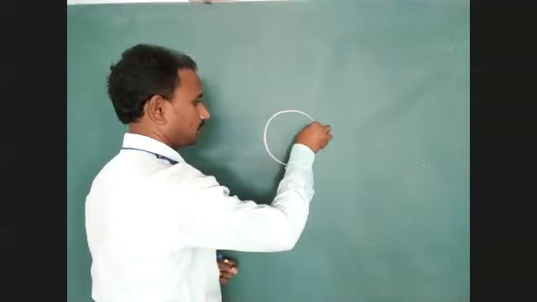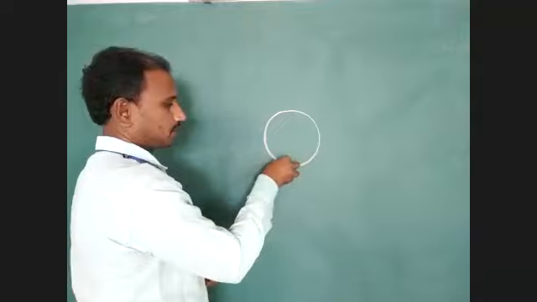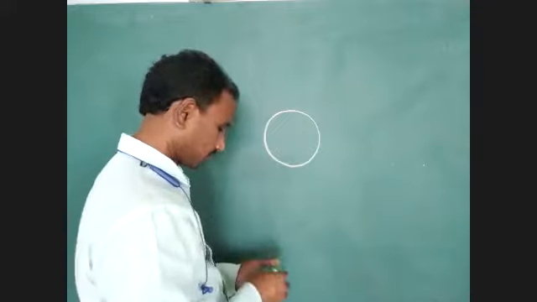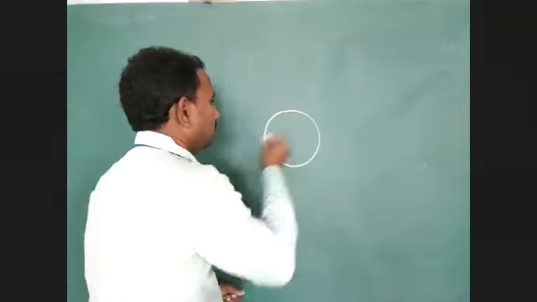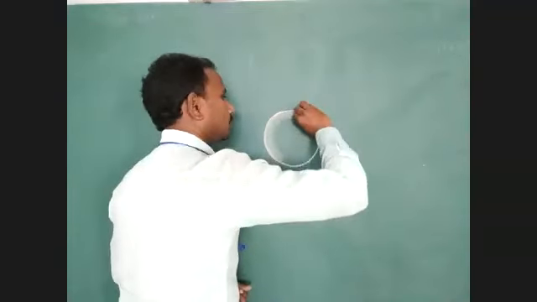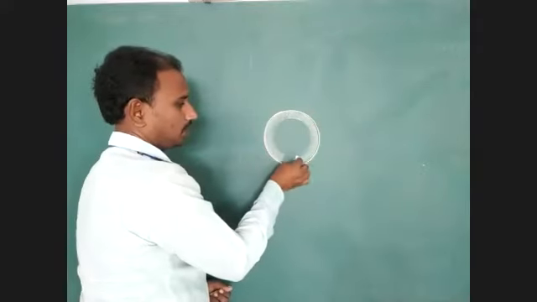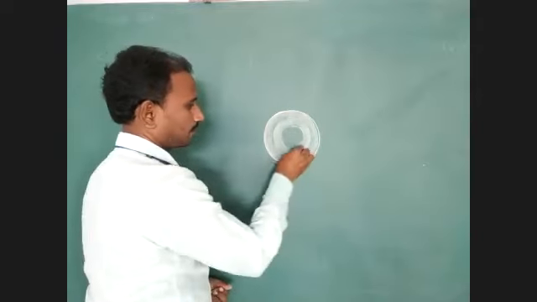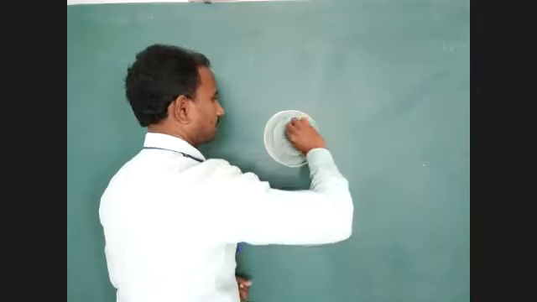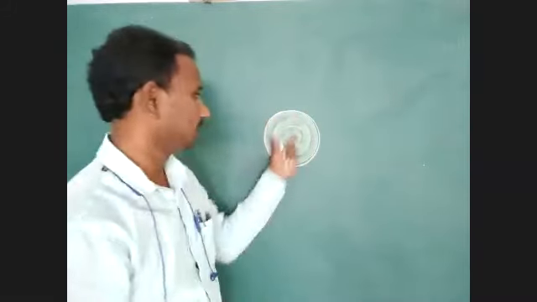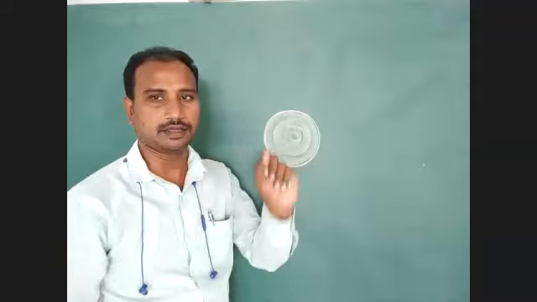The outside surface of the sphere is a highly polished surface. This surface acts like a highly polished surface, and then it acts like a mirror.